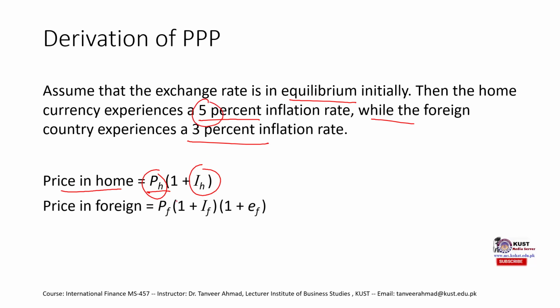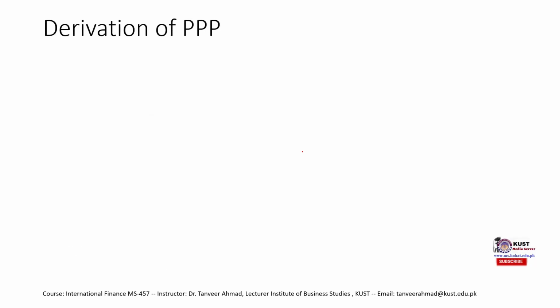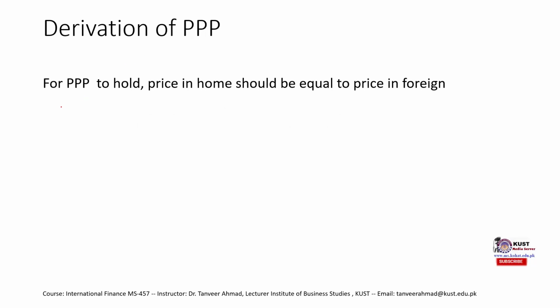And the price in the foreign country would be the previous price times 1 plus the inflation of the foreign country, multiplied by the exchange rate, if we convert that into the same currency. We are just deriving the formula, so you know where this formula is coming from. For purchasing power parity to hold, the prices in the home country must be equal to the prices in the foreign country when measured in the same currency.